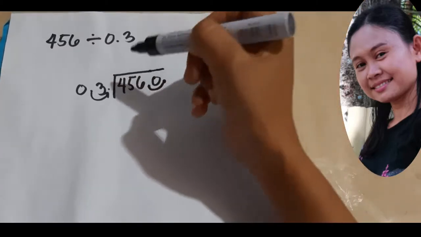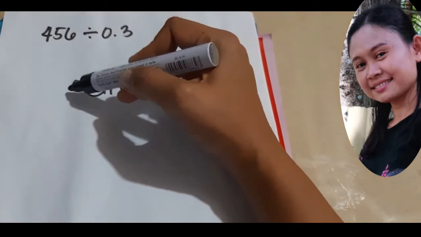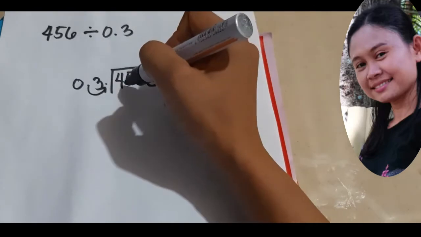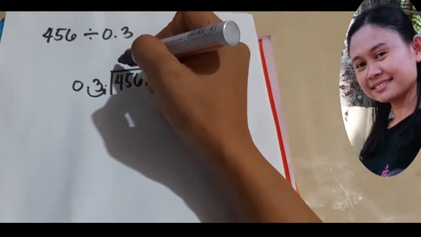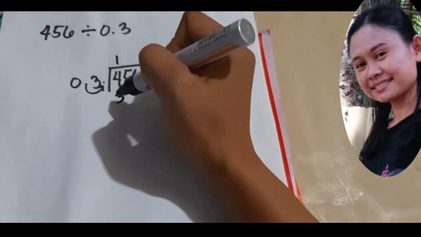So, 4 divided by 3, do not mind the 0. 4 divided by 3 equals 1. 1 times 3 equals 3.